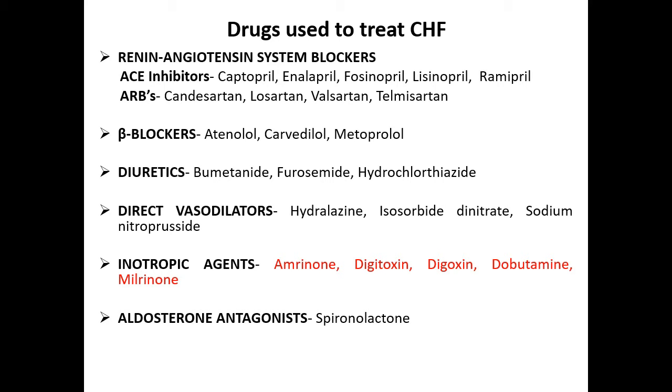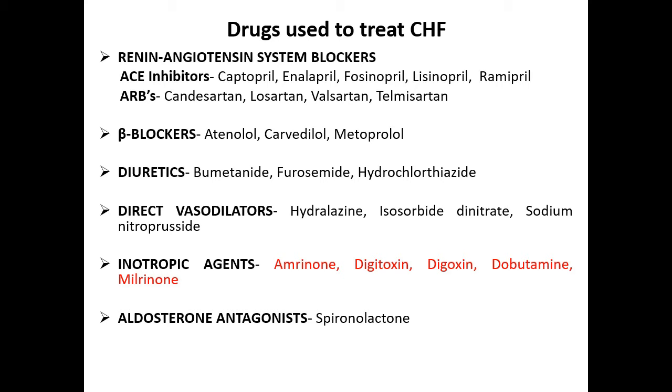In diuretics, furosemide, hydrochlorothiazide, and bumetanide are used. Among vasodilators, especially hydralazine and isosorbide dinitrate, and sodium nitroprusside are used, and among aldosterone antagonists, spironolactone is used. And the important class that is basically confined to congestive heart failure is the inotropic agents, that include the cardiac glycosides like digoxin, the cardiac stimulants like dobutamine, and the phosphodiesterase inhibitors like amrinone and milrinone.